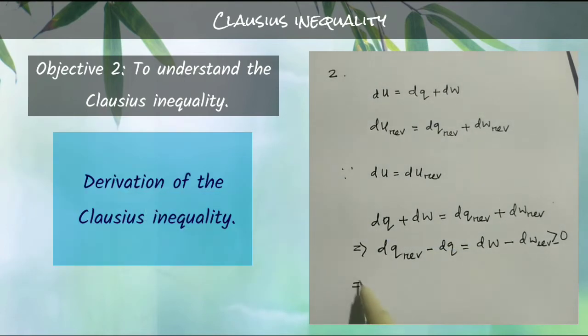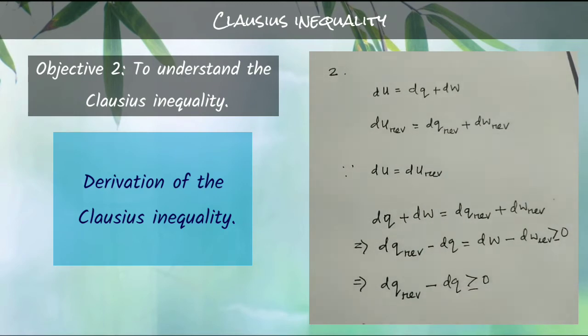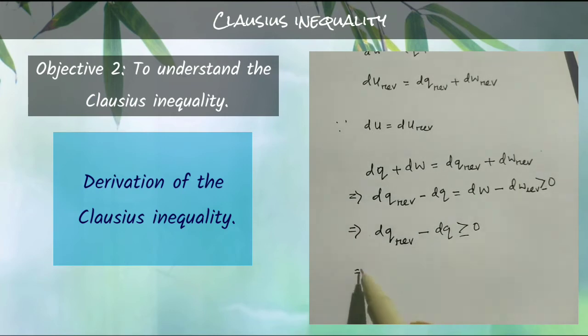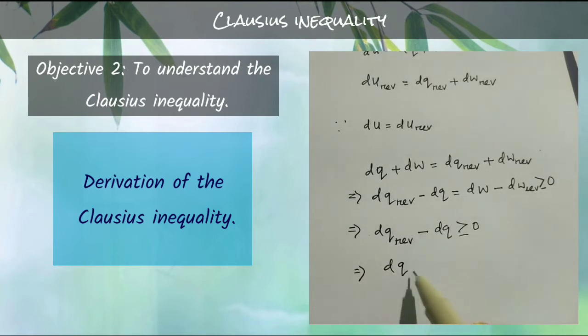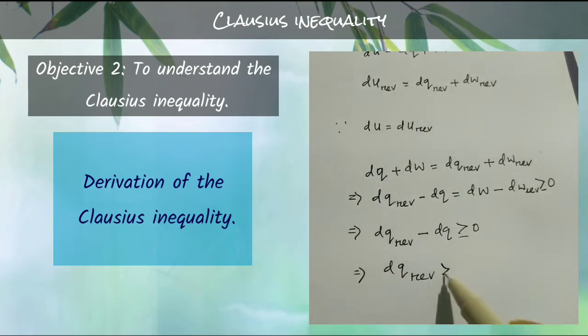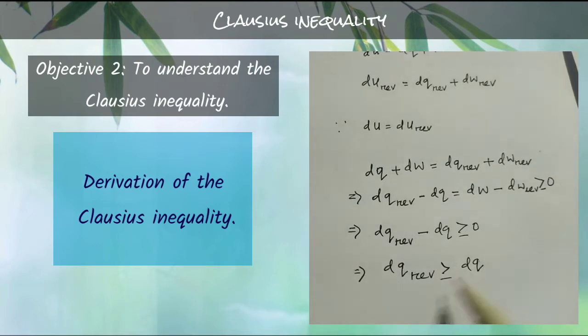So we can write that dq reversible minus dq is greater than or equal to 0, or dq reversible is greater than or equal to dq.